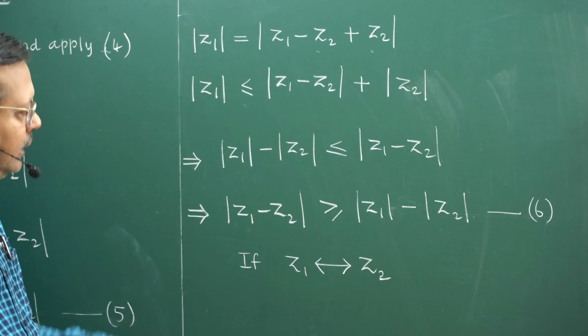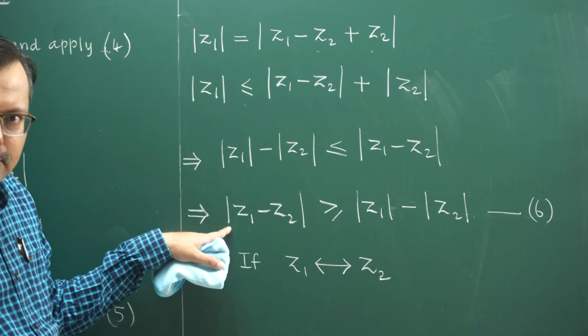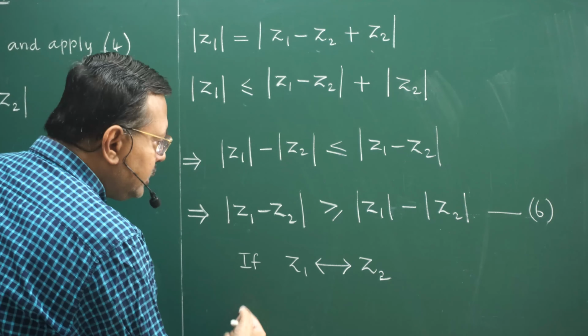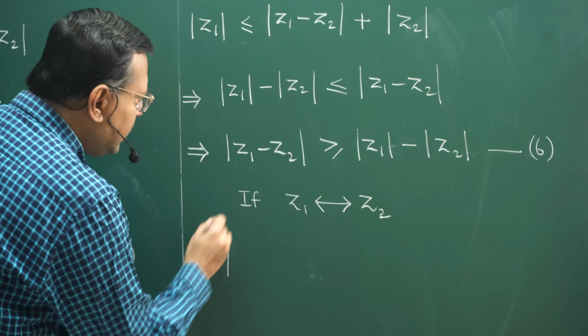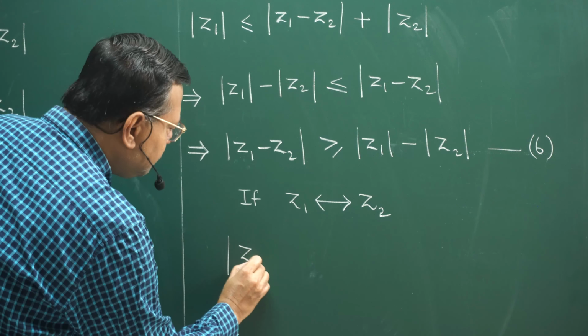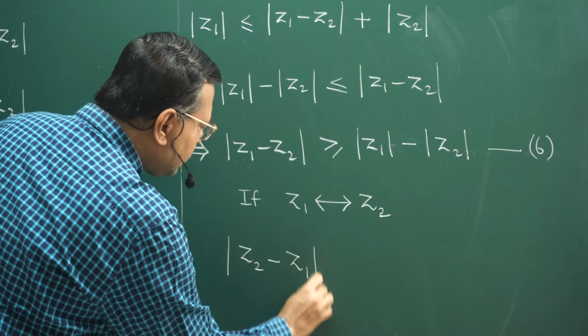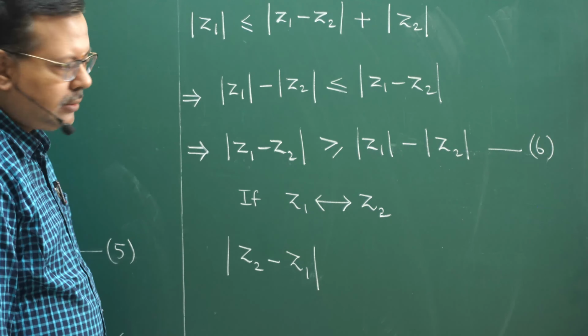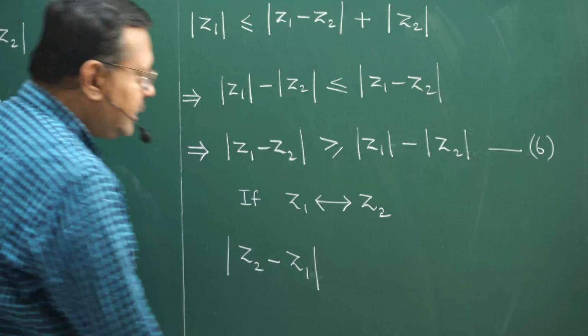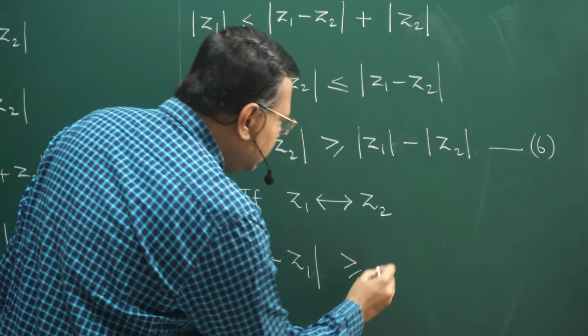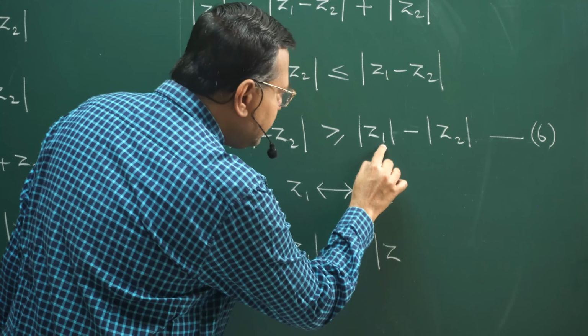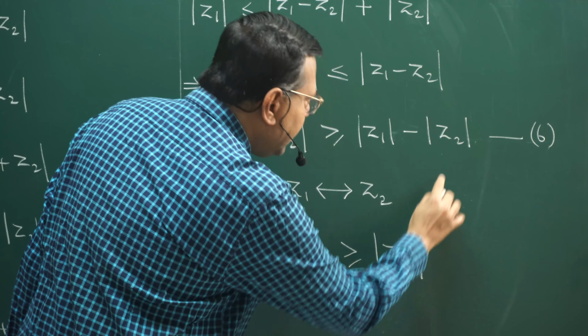If you write like that, what will happen to equation number 6? That is the question. So what happens to equation number 6 is, I will write down modulus, 1 becomes 2, 2 becomes 1. That is called interchanging. Same thing you apply to the right hand side also. And it's greater than or equal to, this 1 becomes 2, that 2 becomes 1.